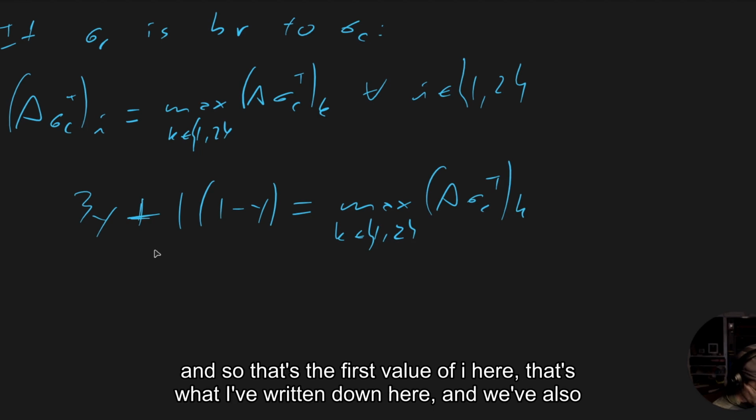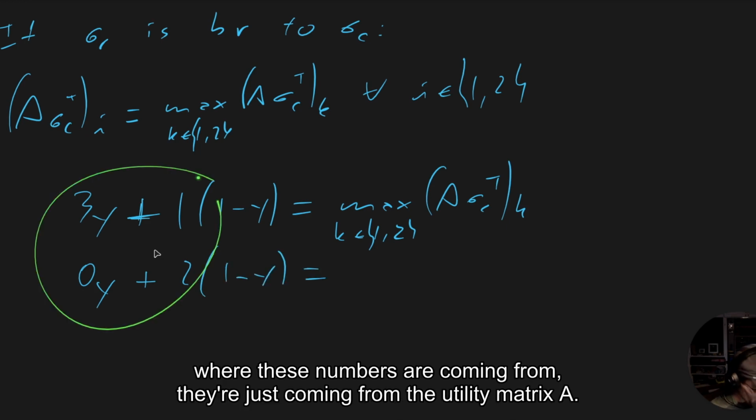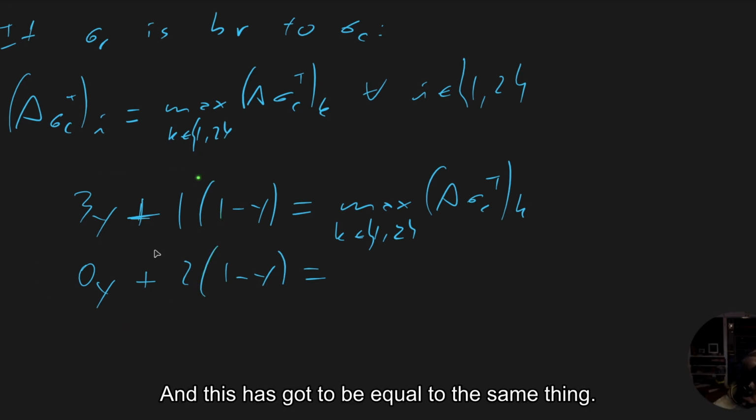That's the first value of i here. We've also got the second value of i, 0 times y plus 2 times 1 minus y. If you're not sure where these numbers are coming from, they're just coming from the utility matrix A. And this has got to be equal to the same thing.